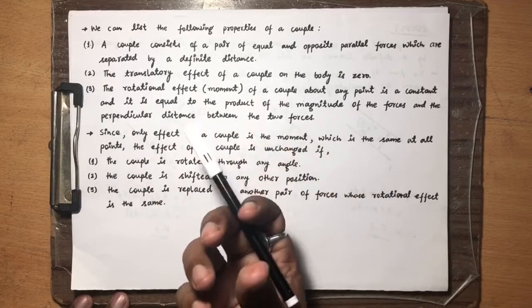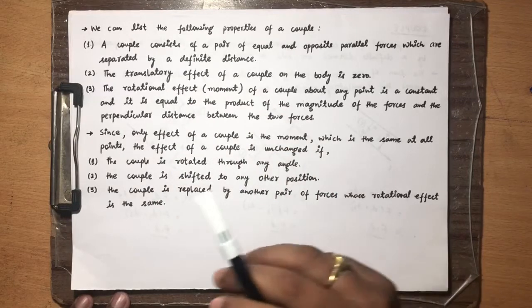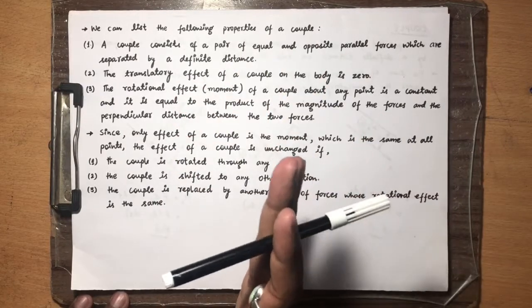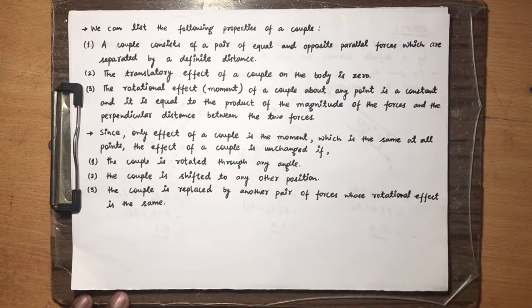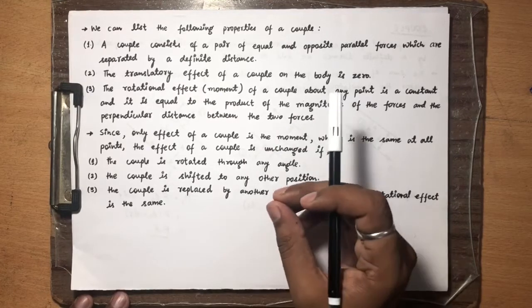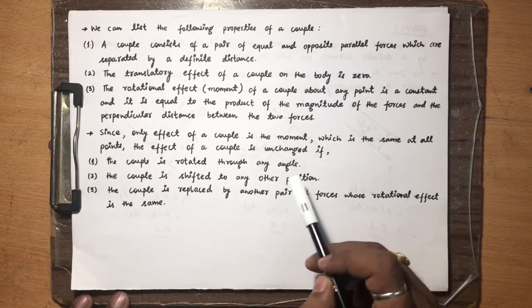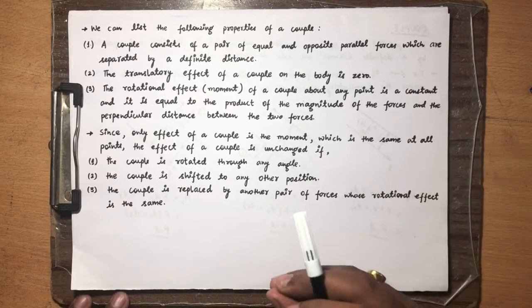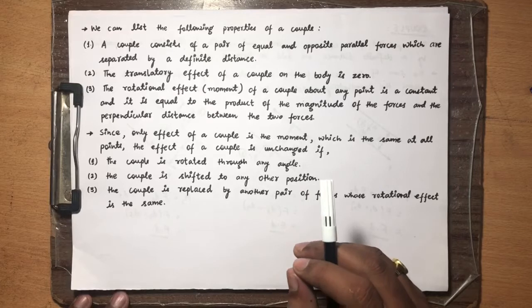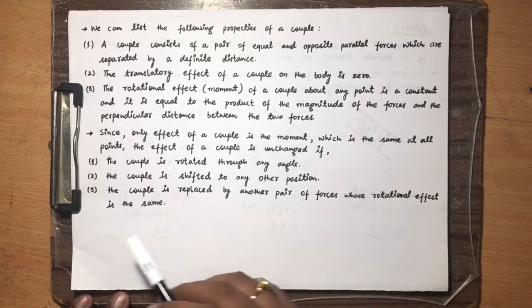You are free to rotate it; the moment is not going to change. We can change the direction, but it is not going to affect its moment. The couple can be shifted to any other position also. Finally, whichever point you choose, you will end up getting the moment as F into D.